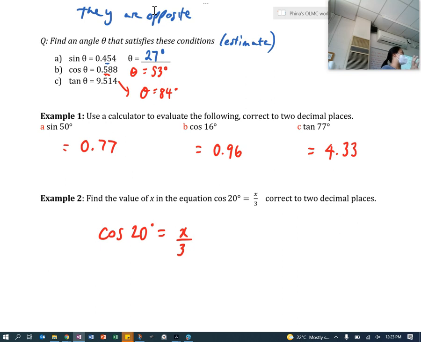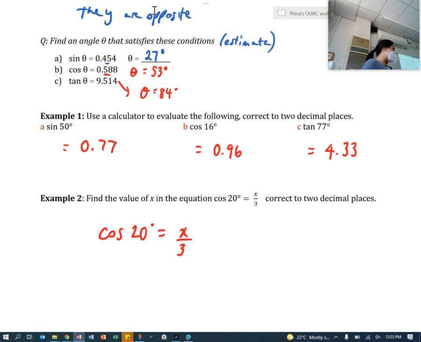Don't split up cos and 20. That always stays together. Essentially cos 20 is like a letter, just pretend it's like y or x. I've seen people split up the letters. It's one thing.